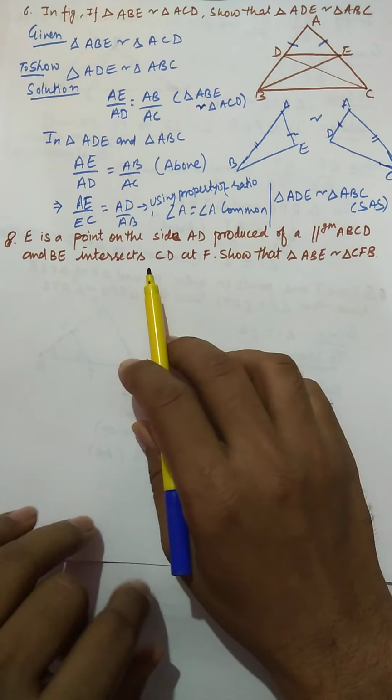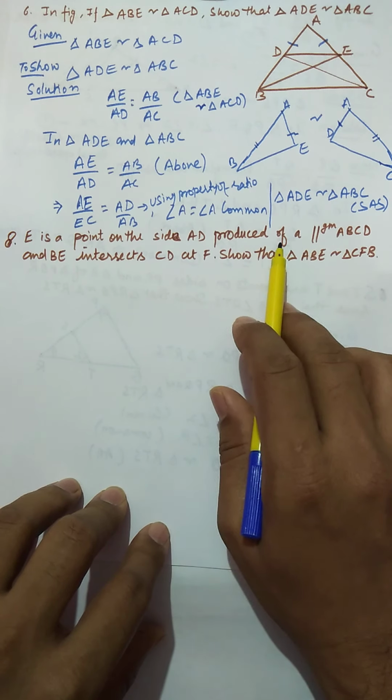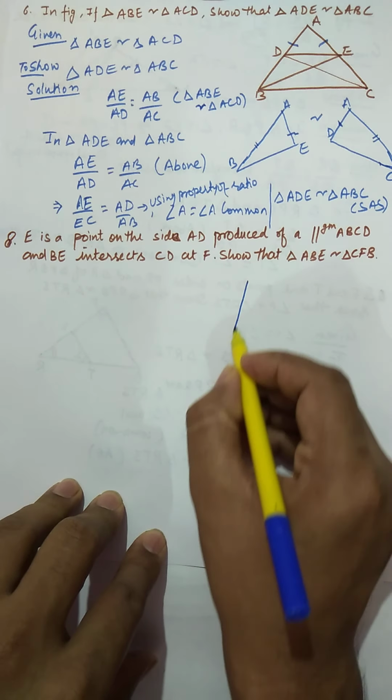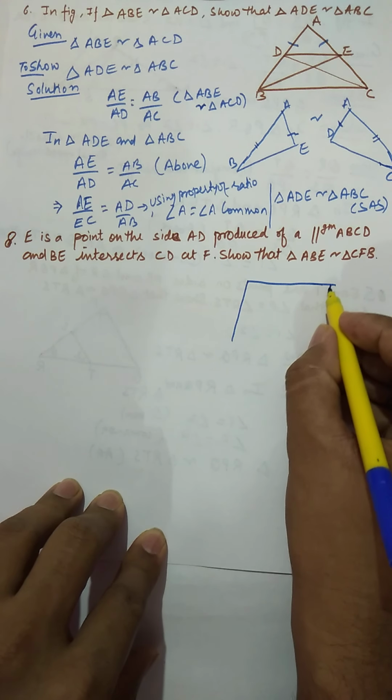Now question number 8 is, E is a point on the side AD produced of a parallelogram ABCD. So let's make a parallelogram ABCD first. So let's say this is your parallelogram.